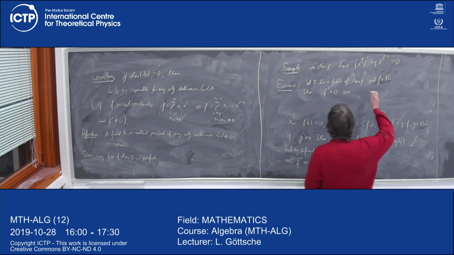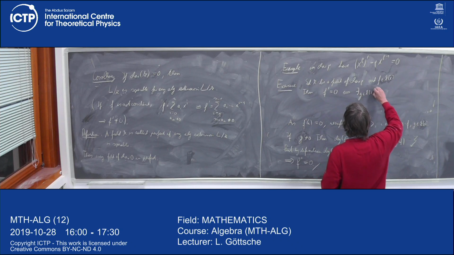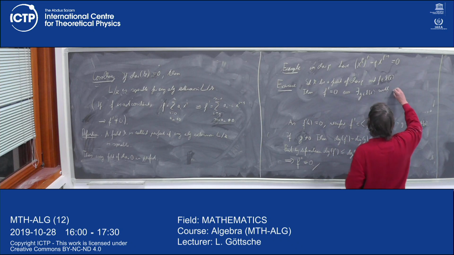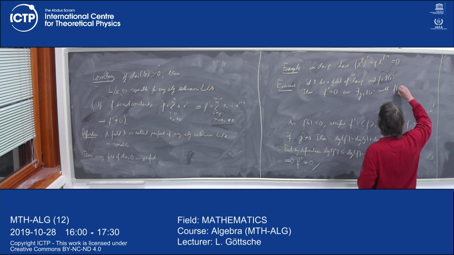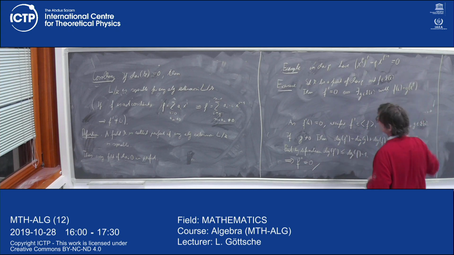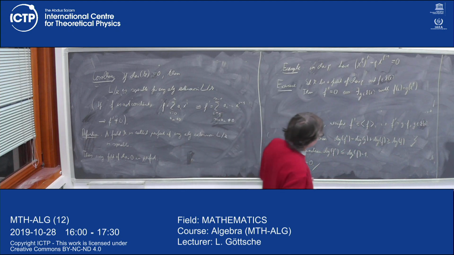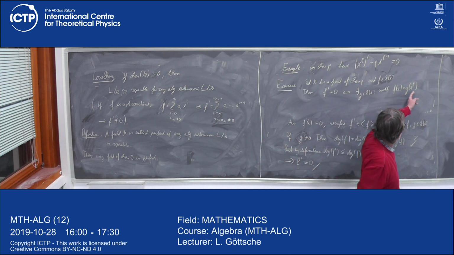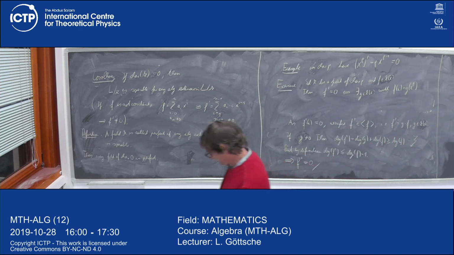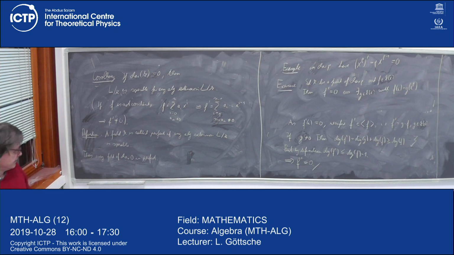So I could say it like this: there exists a polynomial g in K[x] with f(x) equal to g(x to the p). Clearly one direction is here. If it only depends on x to the p, if we take the derivative, everything vanishes, and you can also check the other way.